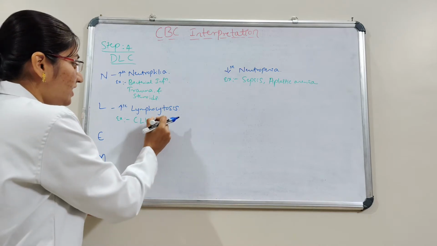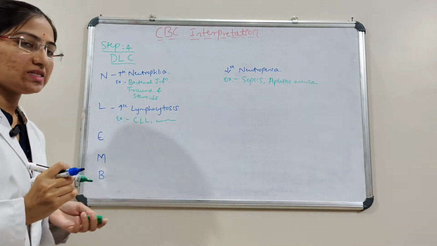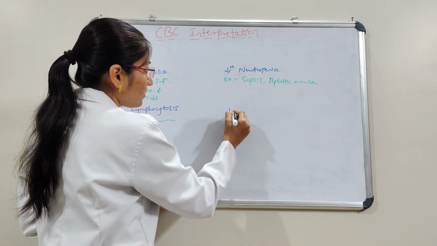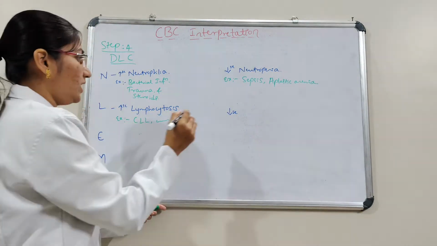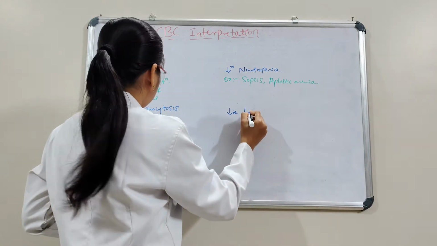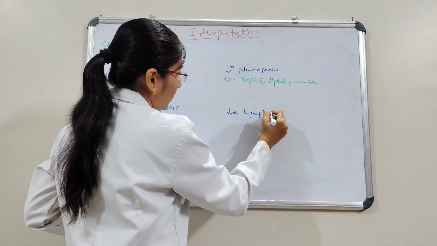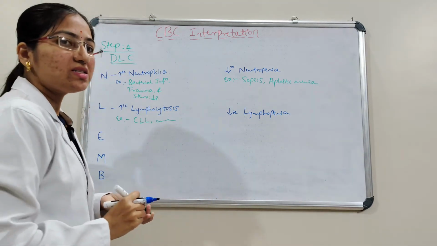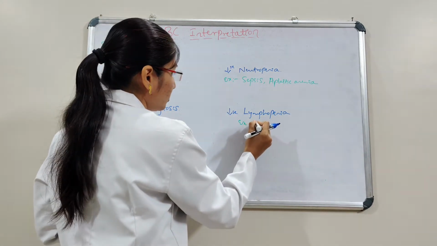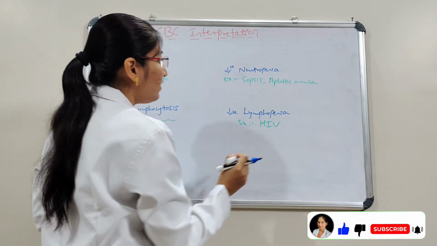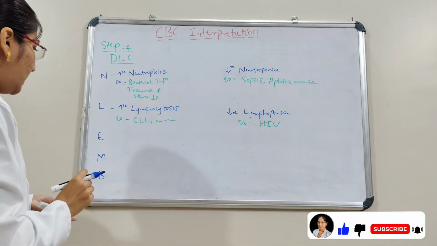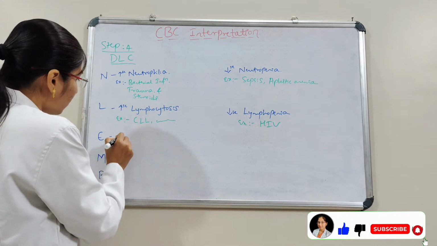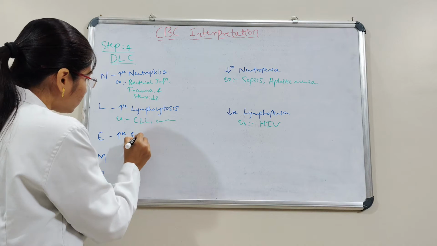Also in allergic conditions we can see it. And if the lymphocyte count is decreased, that is called lymphopenia. This condition we can see in HIV patients.